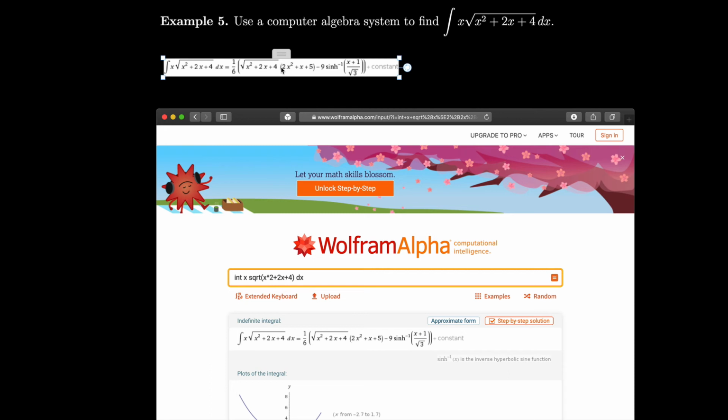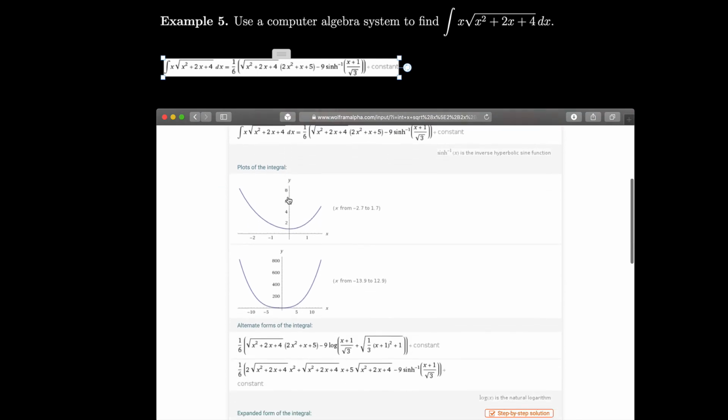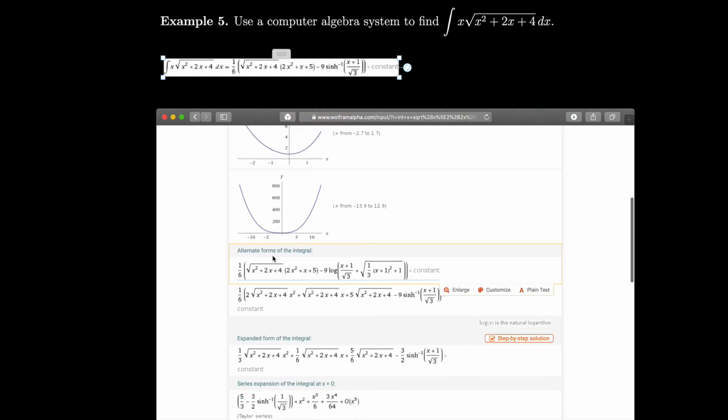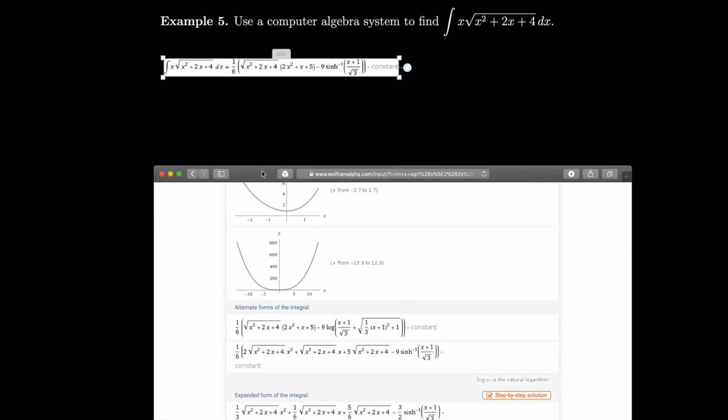Okay, cool. Notice that this is a little bit different than the formula we got. It has a sinh inverse in here, a hyperbolic trig function. But if we go down and we look at some of the alternate forms, we can see this form over here. So let's pull that too.